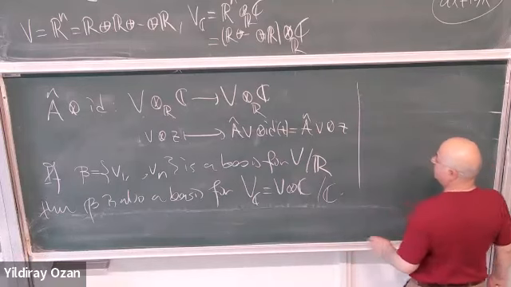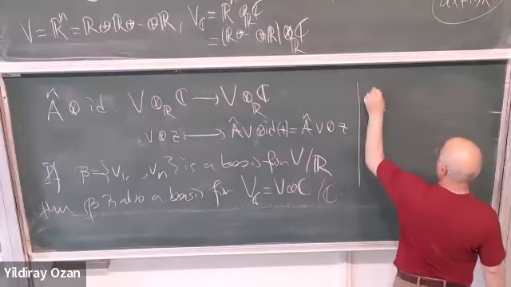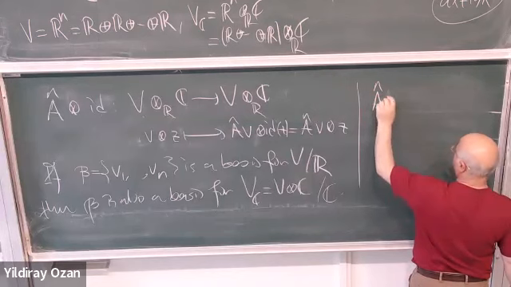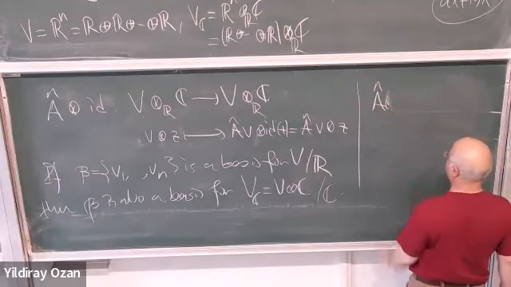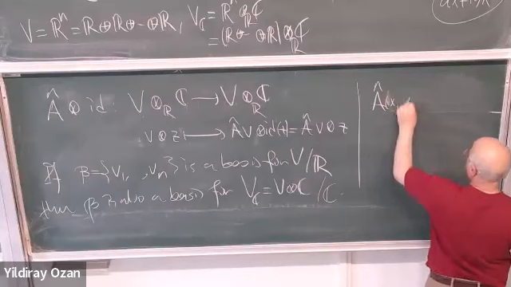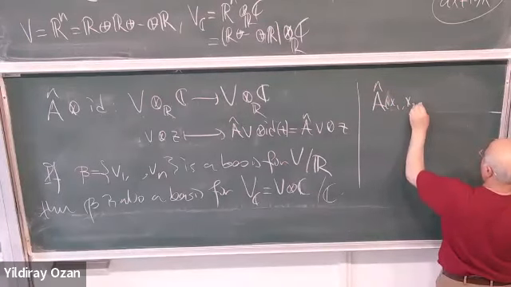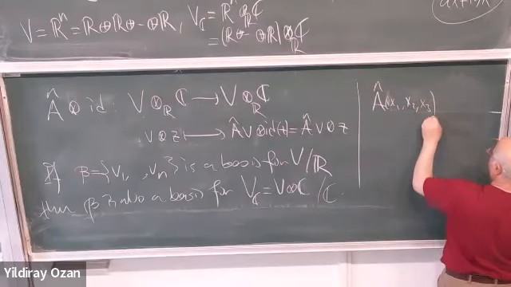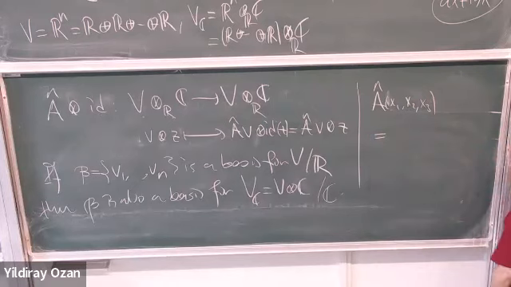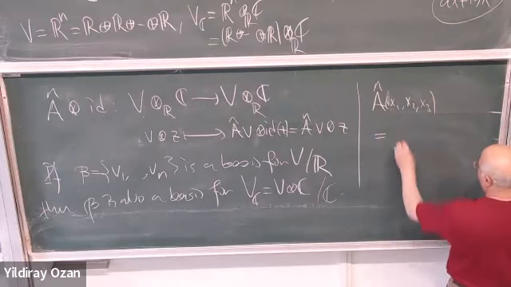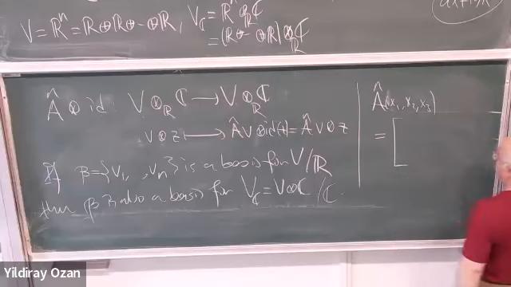Mesela diyelim ki sizin vektör mapiniz şöyleydi. Real vektör şeyiniz x1, x2, x3. Let's say this is just matrix multiplication.